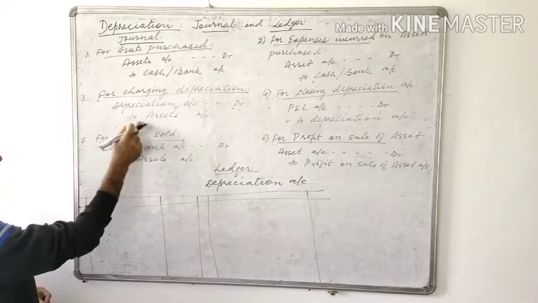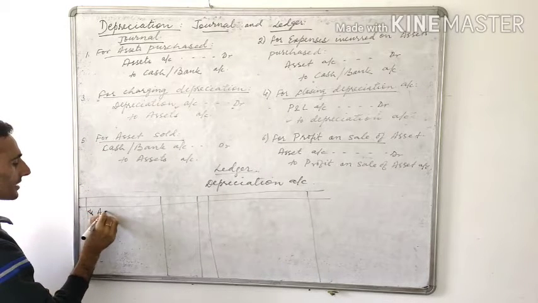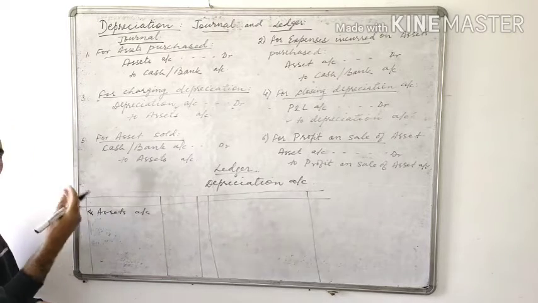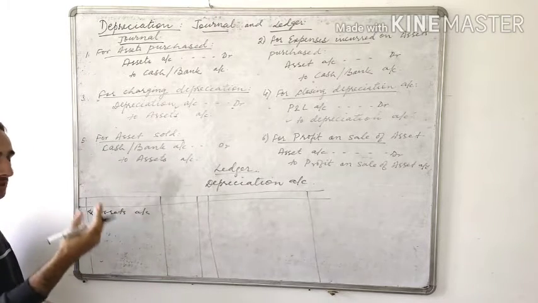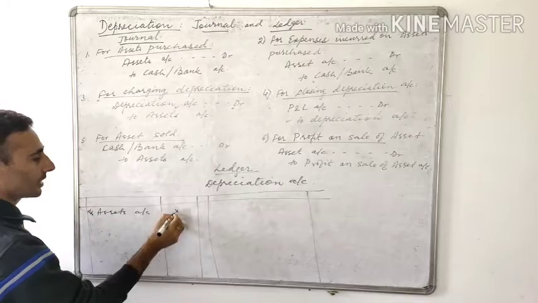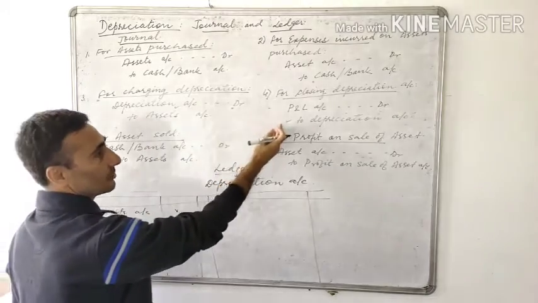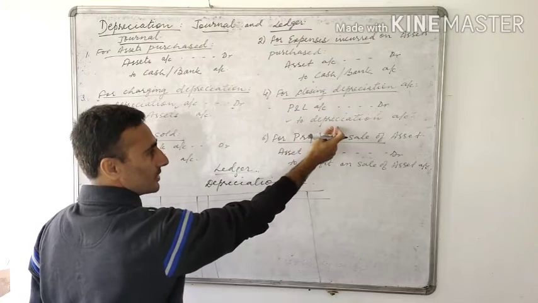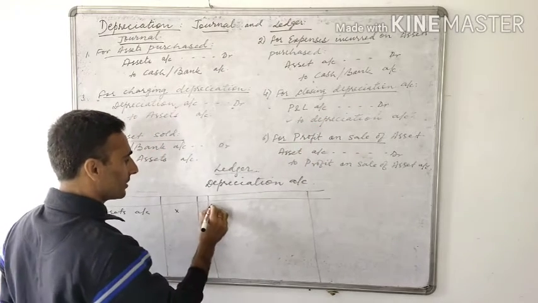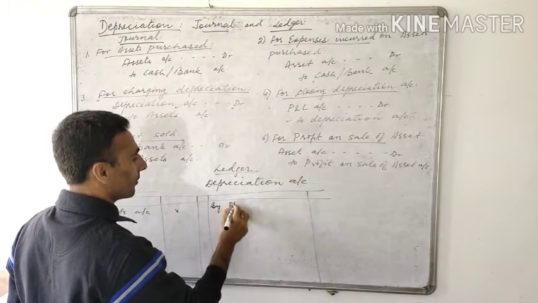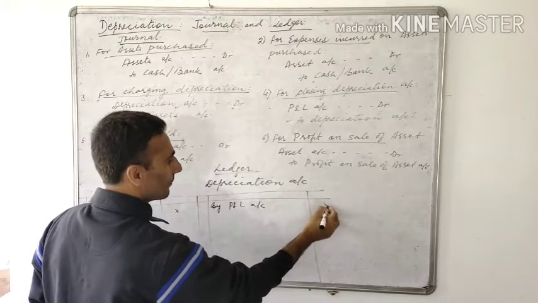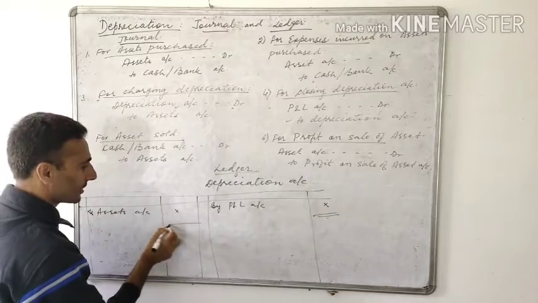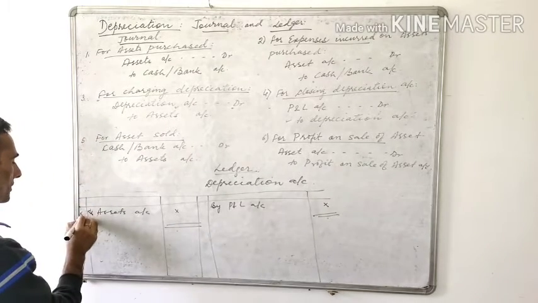We come to the debit side and write down to asset account. Here you have to write the name of the asset. If there is a furniture, to furniture account. If there is machinery, to machinery account. Then this depreciation is ultimately transferred to profit and loss account. Profit and loss account debit to depreciation account. Depreciation is credit. So here on the credit side by profit and loss account. Then this is balanced. So depreciation account is closed for the first year.